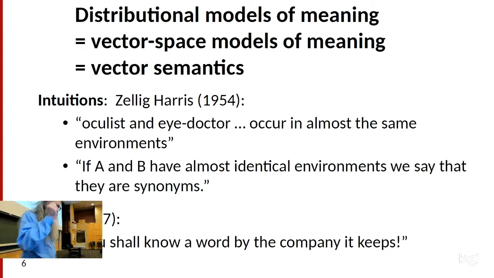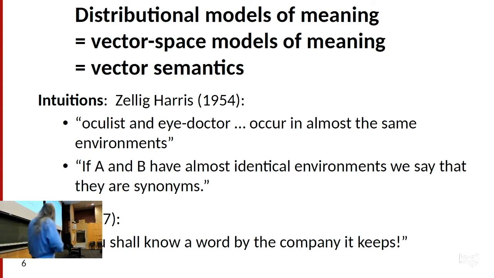Okay? Now, Zellig Harris, a linguist in 1954, said oculist and eye doctor occur in almost the same environment. So if you look at those words in American English, because I don't think oculist appears in British English, but if you look at these words and look at the context that they appear in, you'll discover it's very, very similar. Okay?